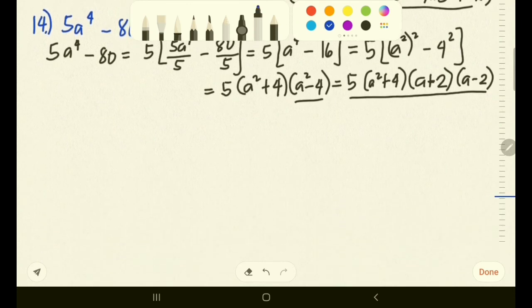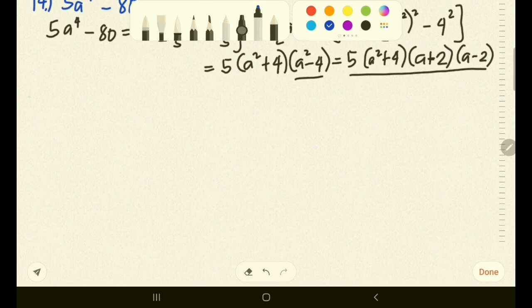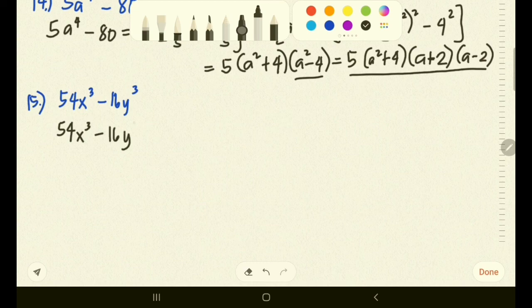Okay, let's have another. Number 15. That is 54x cubed minus 16y cubed. Yes, as you observe, that is not difference of two squares or difference of two cubes, but because they have GCMF. Okay, their GCMF is 2. Okay, factor 2.